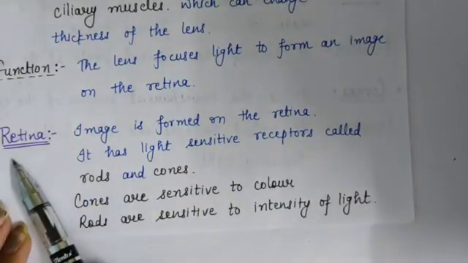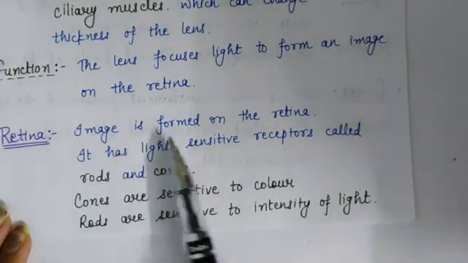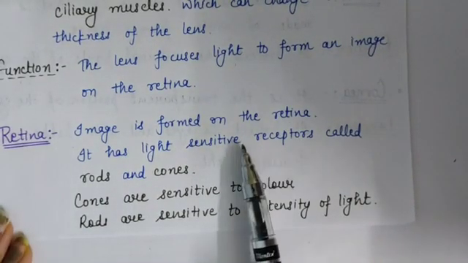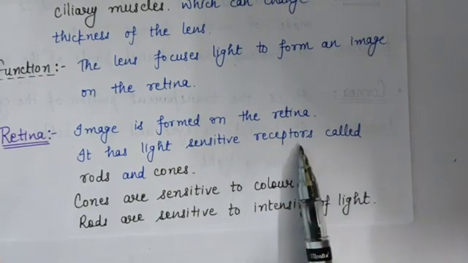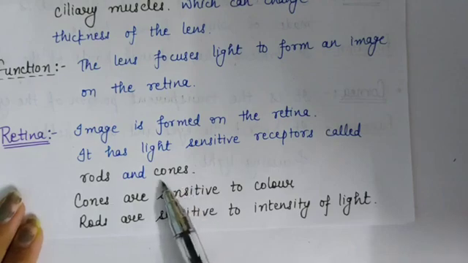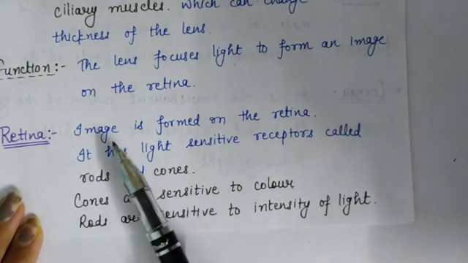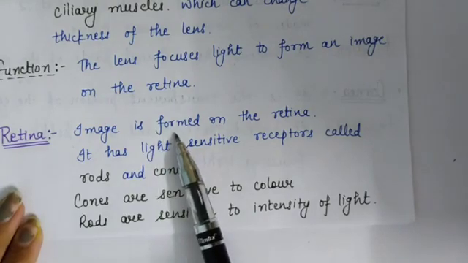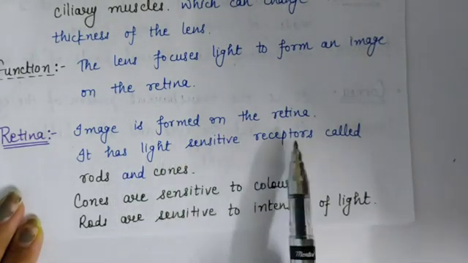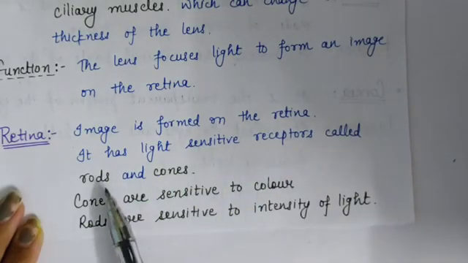So the next part is the retina. The image is formed on the retina and it has light sensitive receptors called rods and cones. Means the retina acts as a screen on which the image is formed and it also consists of light sensitive receptors called rods and cones.